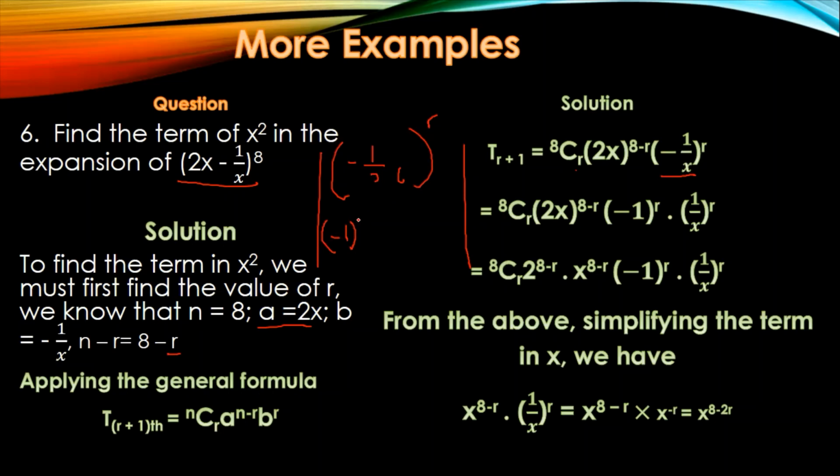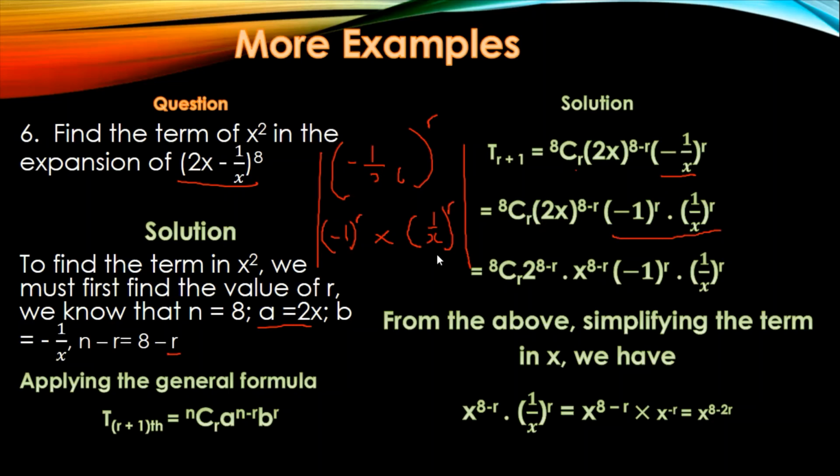What are we leaving? We are leaving 1 over x. Minus cannot stand alone, so 1 over x raised to the power of r. So that's why we have this here. We are breaking this into this.